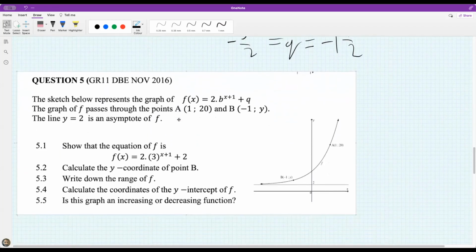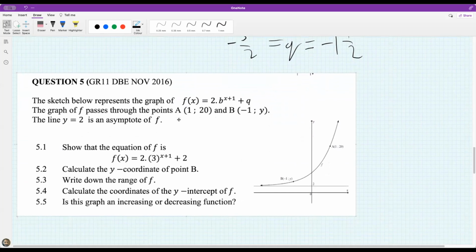All right, so probably the last question we're going to do today. This is from a past exam paper. It says you're given the exponential function in the following form. You're given the 2 points. So you're given A, which is over here, and you're given B, but it's not a complete point, just part of it.